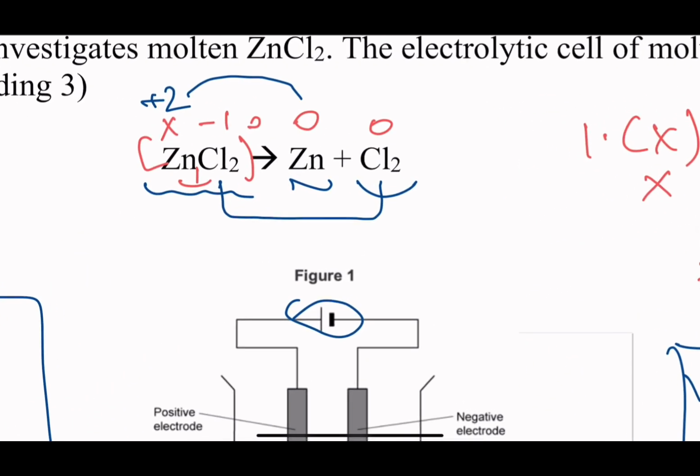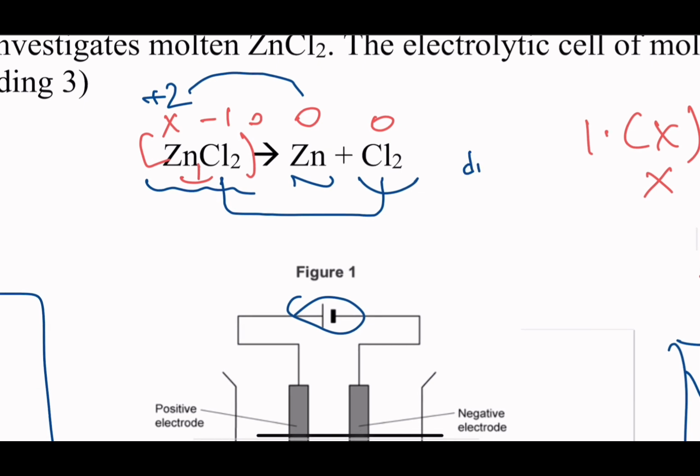The cathode is the one where the oxidation number drops, because that's where the reduction happens. We know that with Red Cat, the cathode is where reduction happens, so the number mathematically drops.